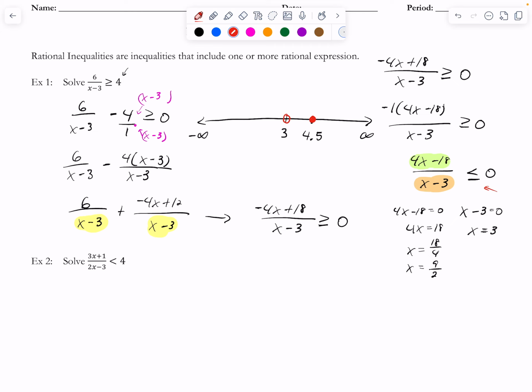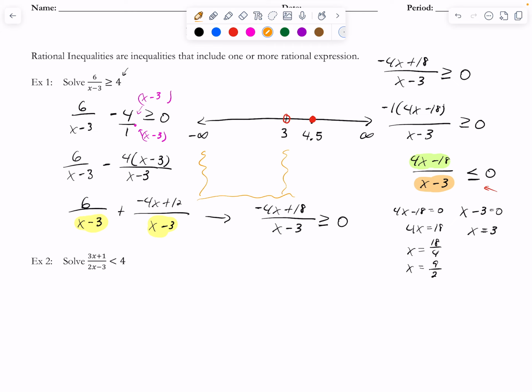Okay. Now, when I figure out what's happening in between these values, it's going to feel like using those critical points and test points like we did with polynomials, like I mentioned before. So I'm going to plug in a value that is between negative infinity and 3. That means I'm going to plug in 0. Again, I don't care about the actual value.